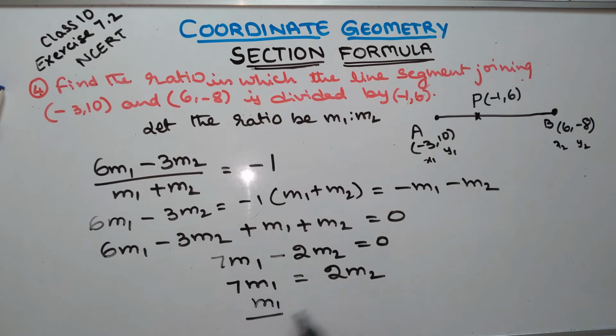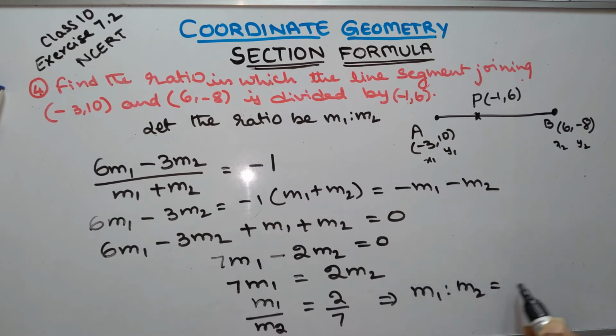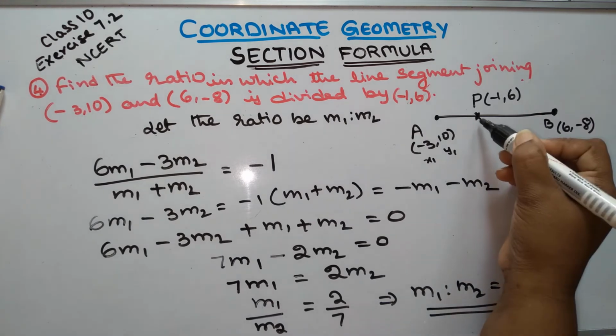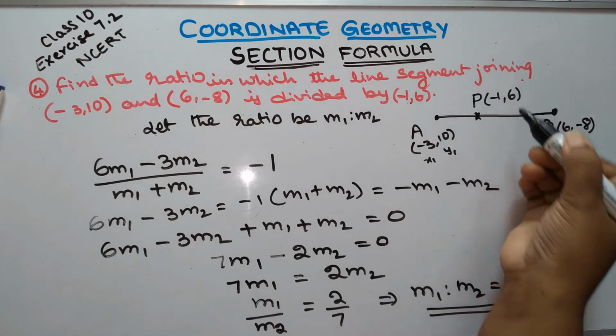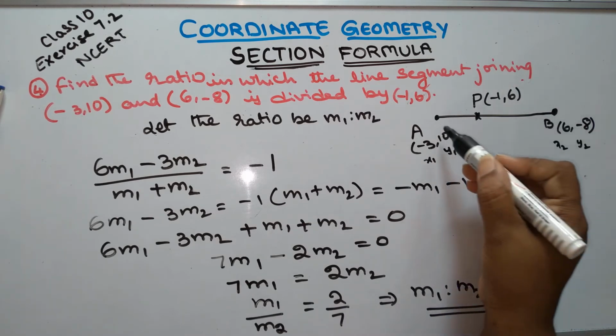M1 by M2, bring that M2 to this side, we get M1 by M2 equals, take this 7 from here to there, 2 by 7. That implies M1 is to M2 is equal to 2 is to 7. This is the ratio in which the point P (-1, 6) divides the line segment joining A and B.